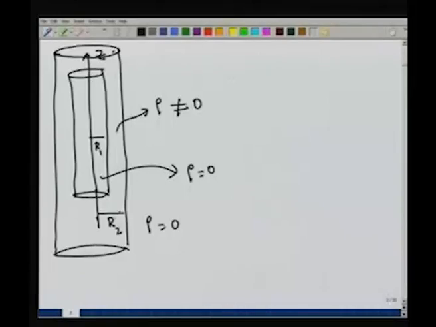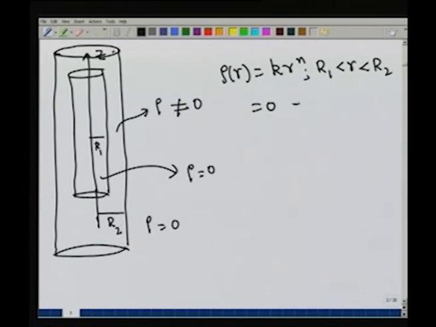So let us employ the same formula again. I have the radius R1 and I have the radius R2, the distance of the surfaces of the cylinder with respect to the axis. Therefore again I will write rho of R is equal to k R to the power of n if R1 less than R less than R2 and equal to 0 elsewhere.